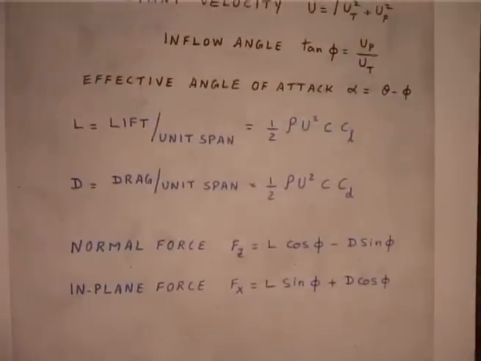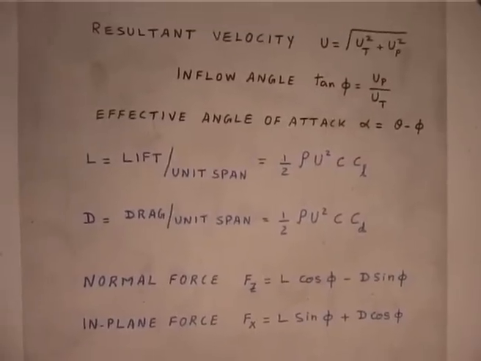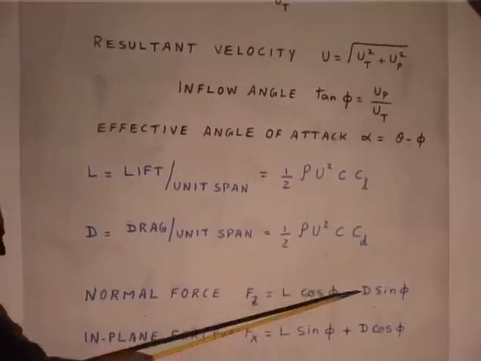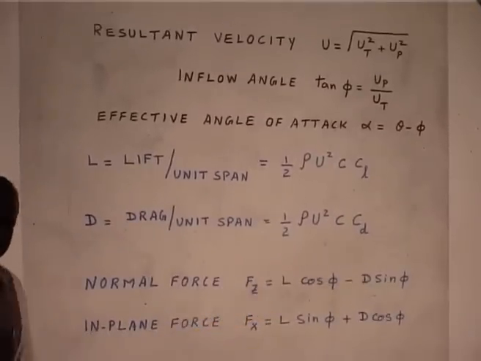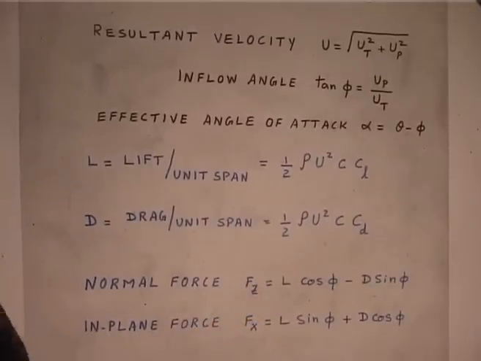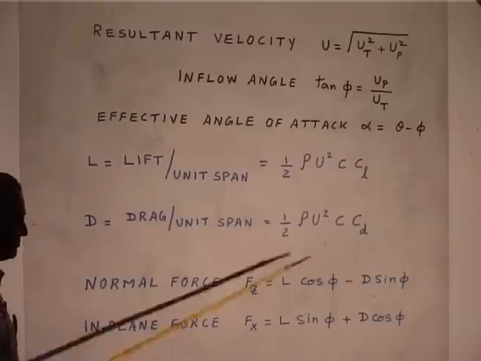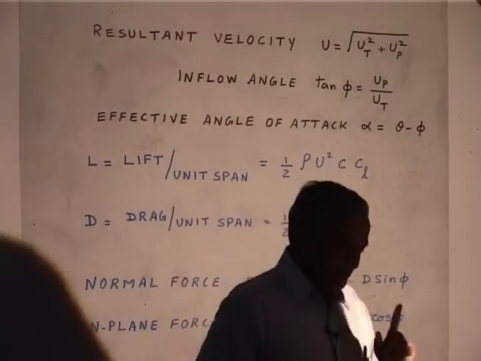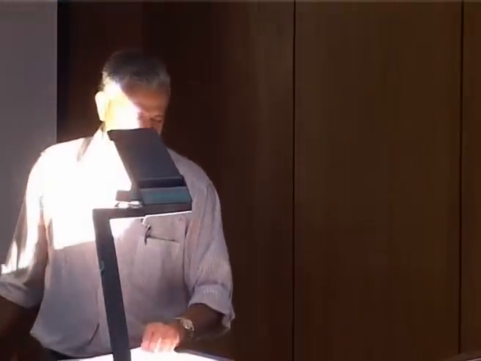So, cosine phi I take as 1, sin phi I call it as phi, whereas when I go here D is also small, phi is also small. So, the product is much smaller. So, I neglect that, whereas when I come here I do not do that. So, now you understand, right at the beginning I make all sorts of approximations. That is what I have given here.